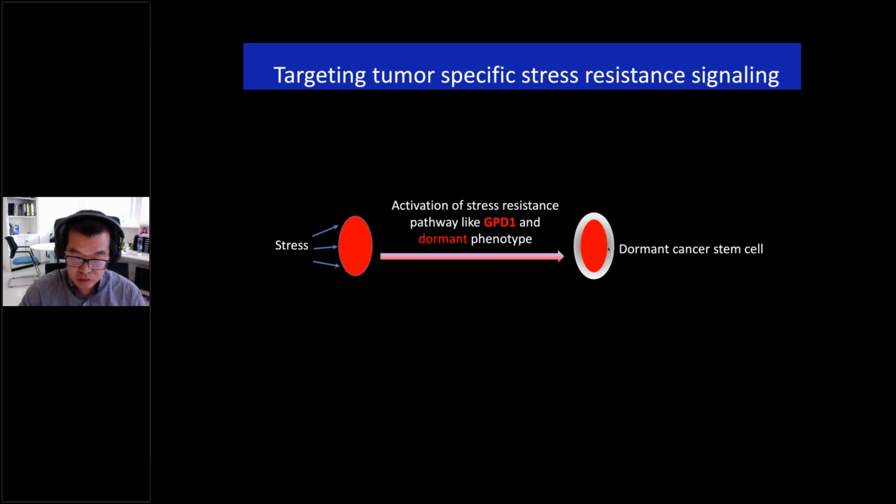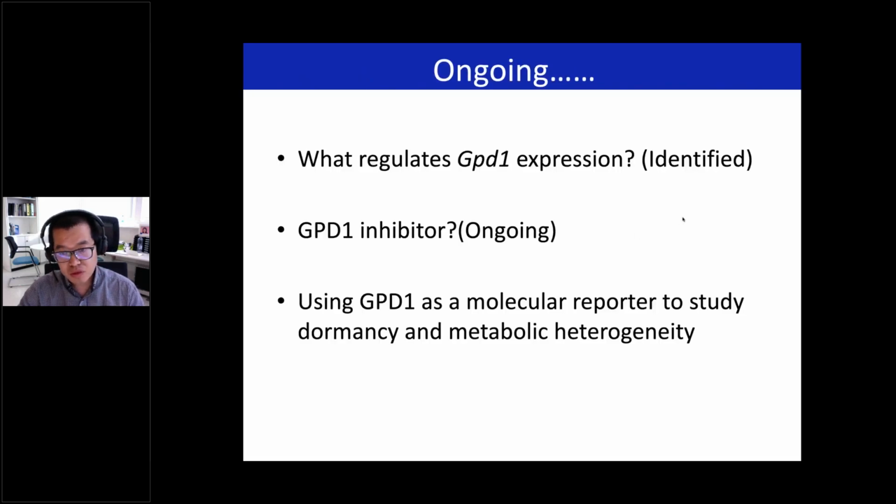That gives us a really interesting therapeutic target possibility, because you can develop a drug to target this enzyme. But we also know that normal cells really don't use that mechanism because it is somehow cancer specific. This may give us a therapeutic window for treating these cells and avoiding the normal cells.